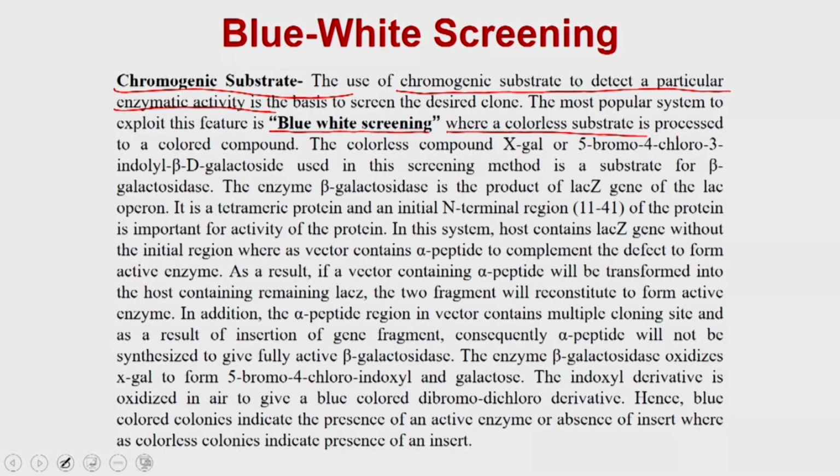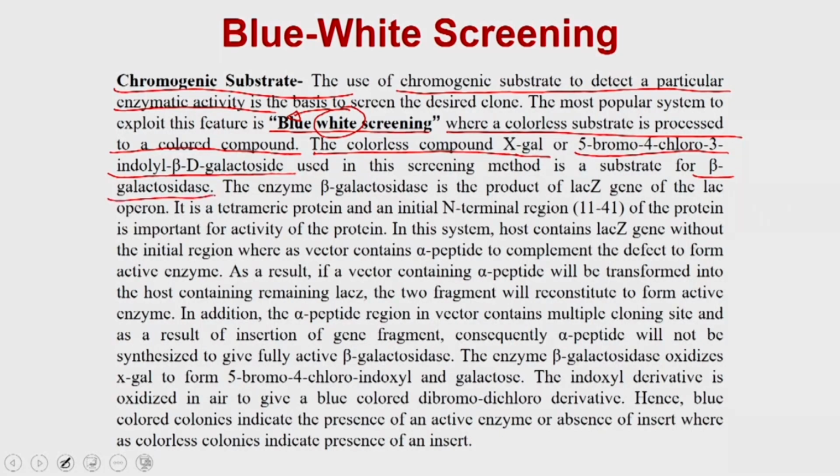A colorless substrate is processed into a colored compound, which means a white compound is converted into a blue compound. This colorless compound used for blue white screening is called X-gal, or 5-bromo-4-chloro-3-indolyl beta-galactoside, and this is a substrate for beta galactosidase.